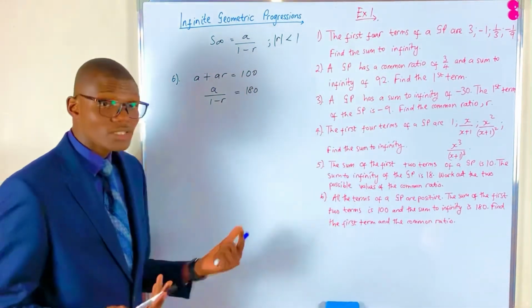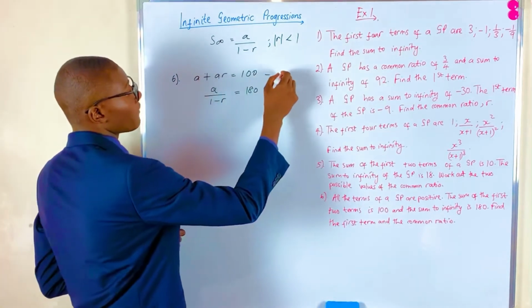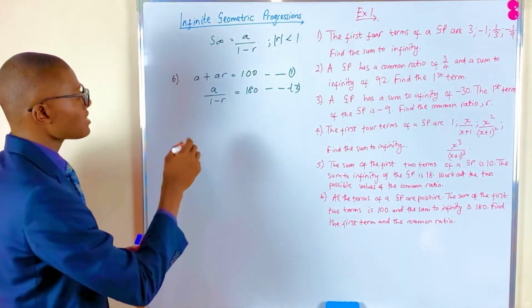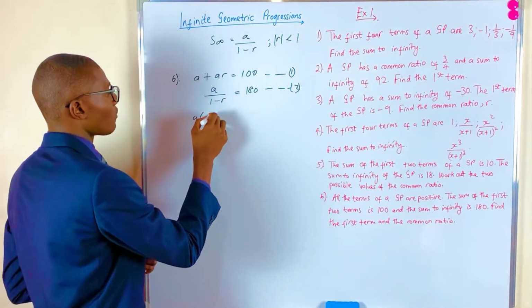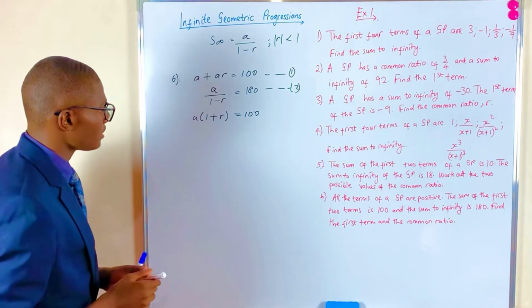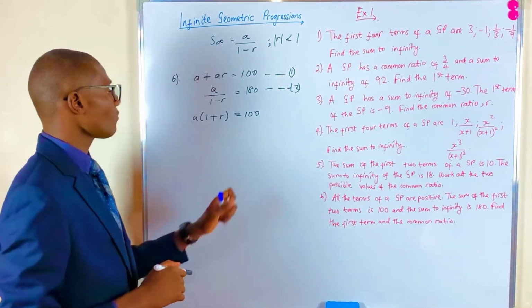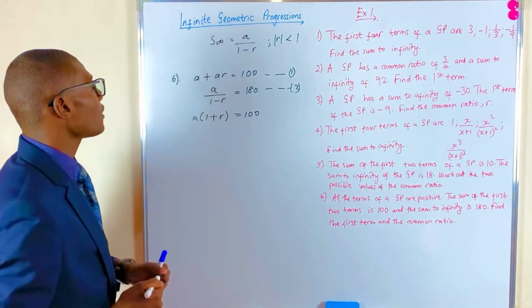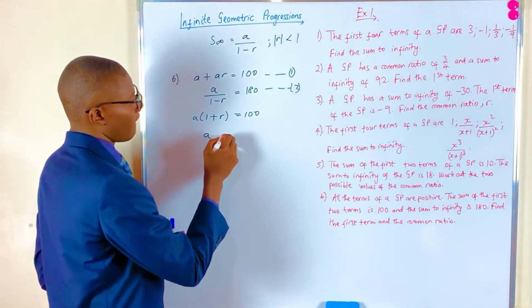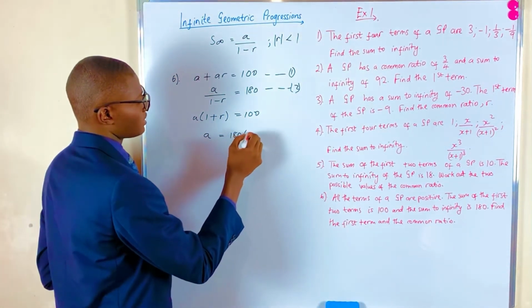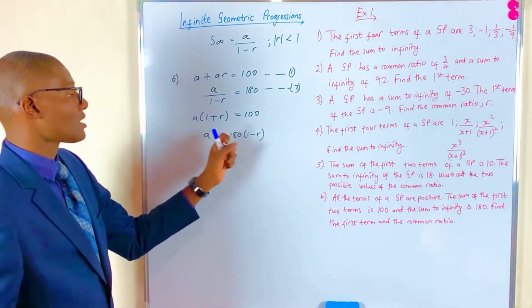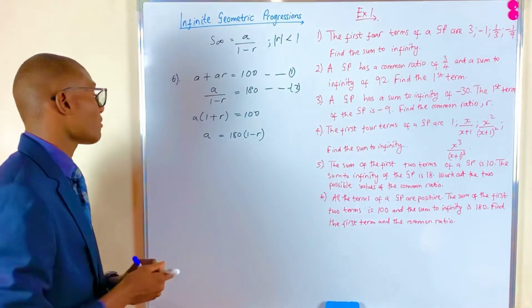So now if you do the same thing, this is equation 1, this is equation 2. From equation 1, if you factor out a, we've got a times 1 plus r being equal to 100, right? And from equation 2, we've got a being equal to 180 times 1 minus r. Such that in place of a, we make the substitution by 180 times 1 minus r.